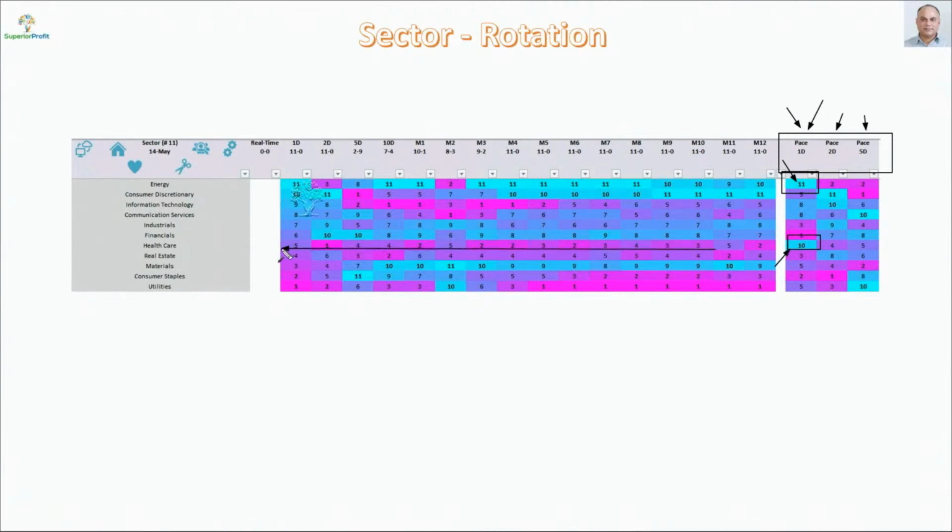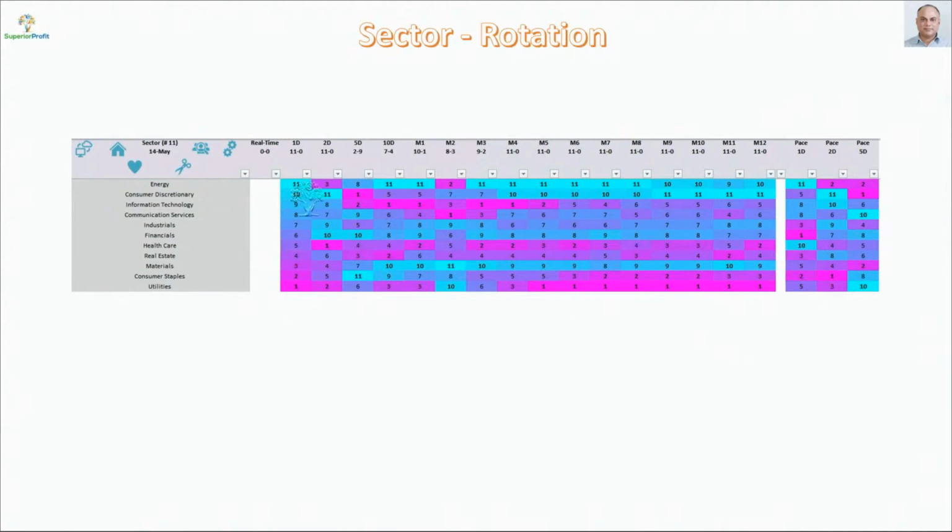On my website, I am sharing several healthcare, very strong fundamental stocks, trying to catch them at the bottom. And when I see healthcare as a sector is accelerating, that is also encouraging me to keep an eye on those stocks. So you could use the scorecard to look for the strongest sectors or the most accelerating sectors to look for buy setups. You could also look for the weakest sectors or the most decelerating sectors to look for short setups.